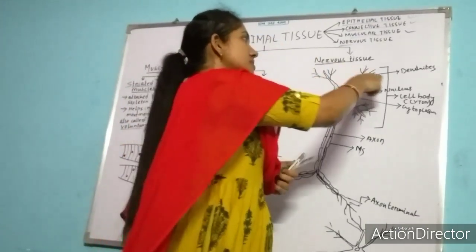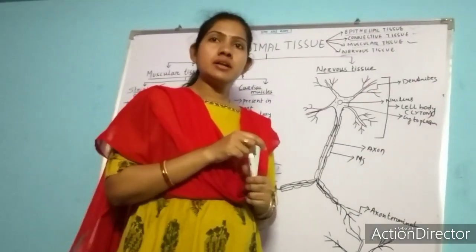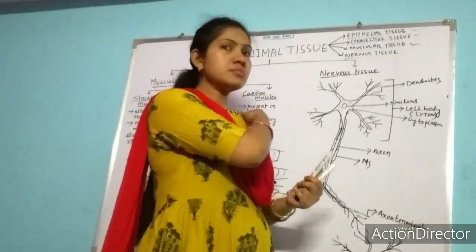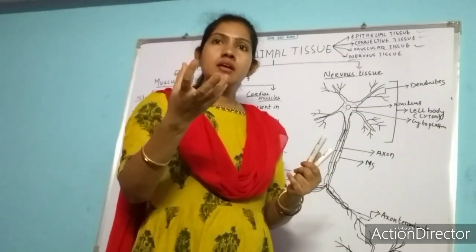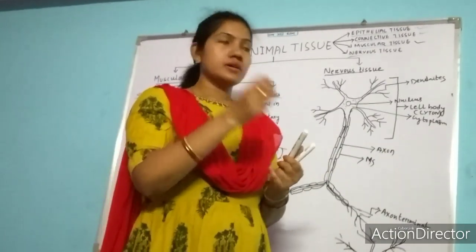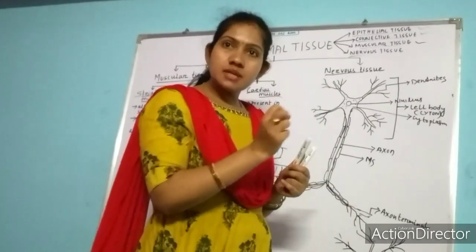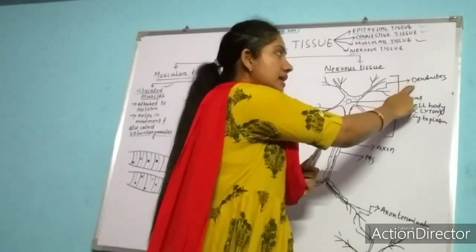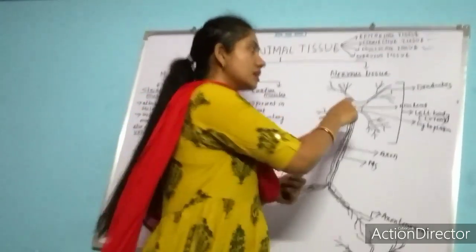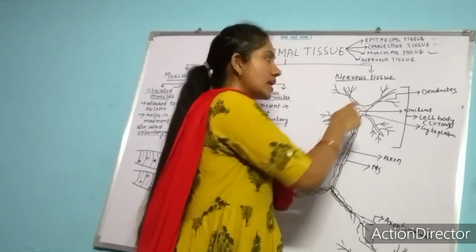So you can see the dendrites here. We can take the example of a mosquito biting. When the mosquito is biting, we can feel the sensation of the mosquito. That is received by the dendrites. Dendrites receive the signal and pass it to the cell body or cyton.